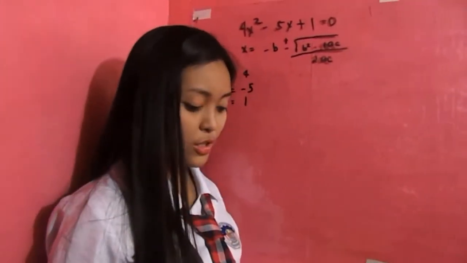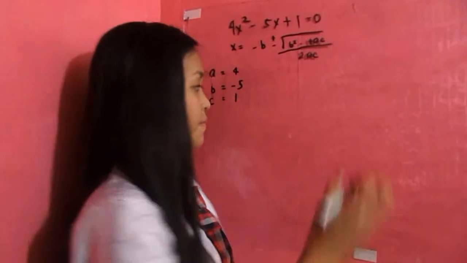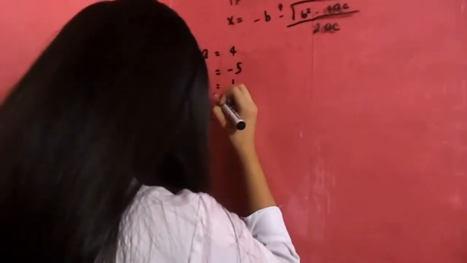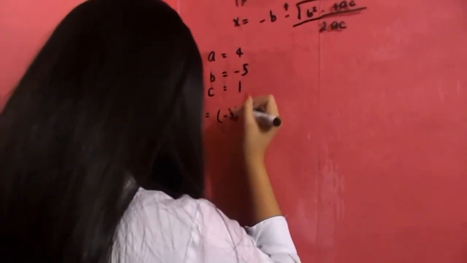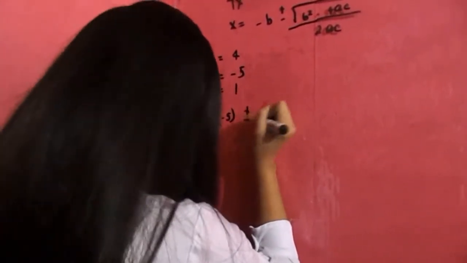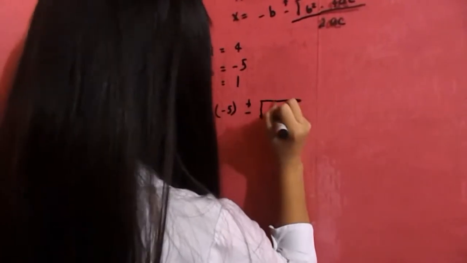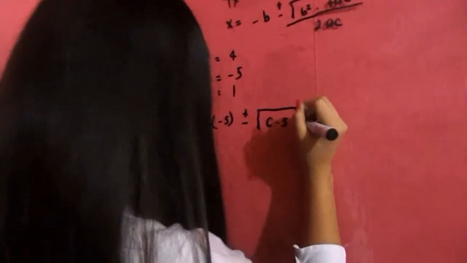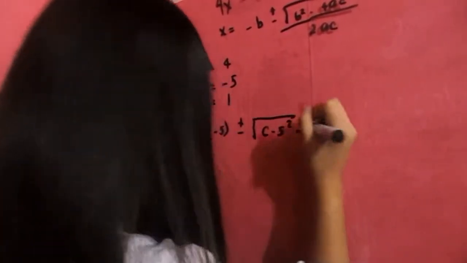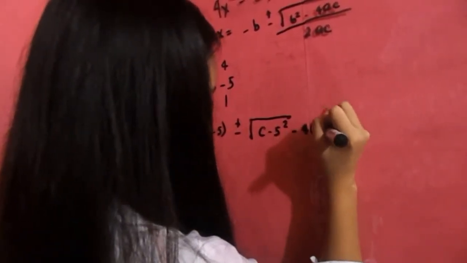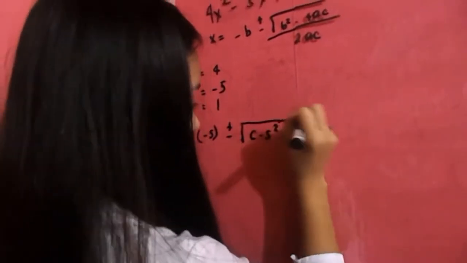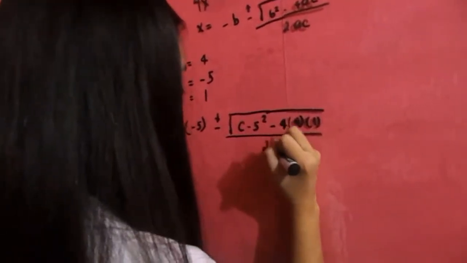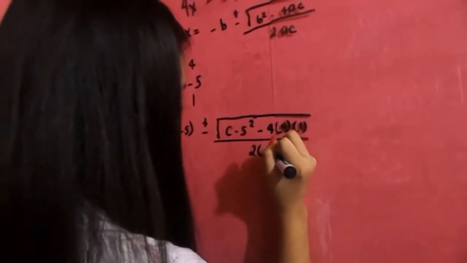So let's construct this formula. x equals, open parenthesis, negative 5, close parenthesis, positive and negative, square root of negative 5 squared minus 4 times 4 times 1, over 2 times 4.